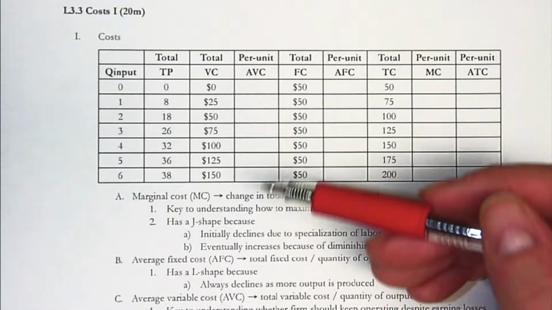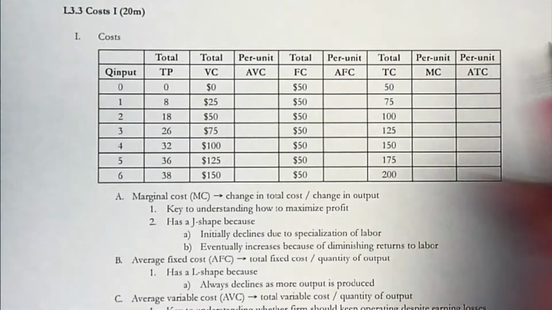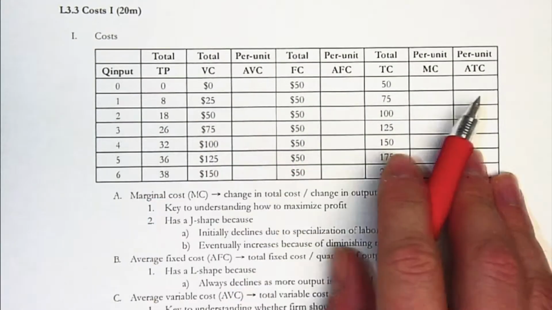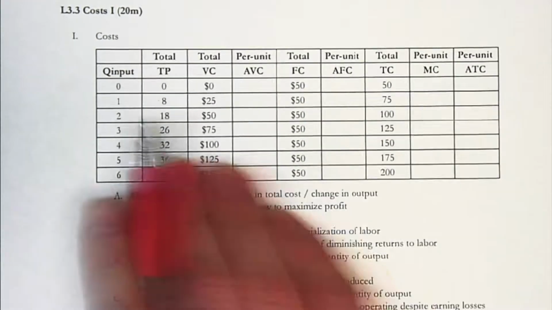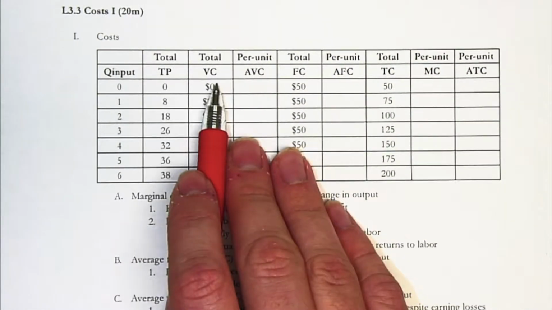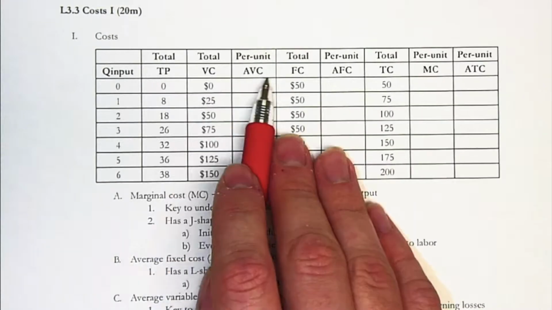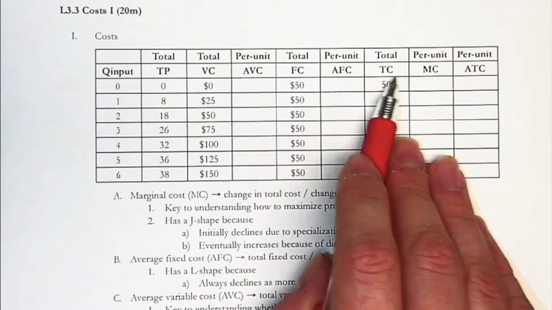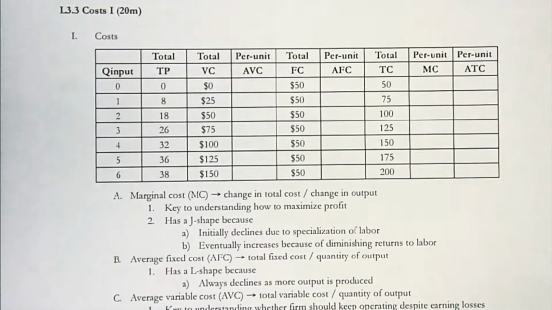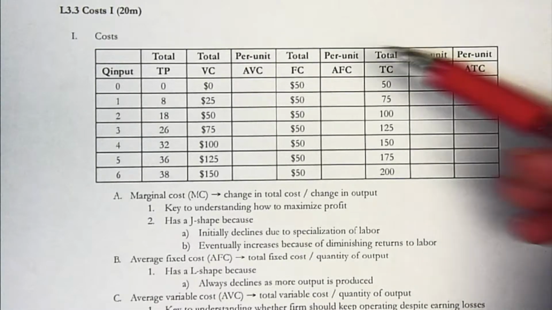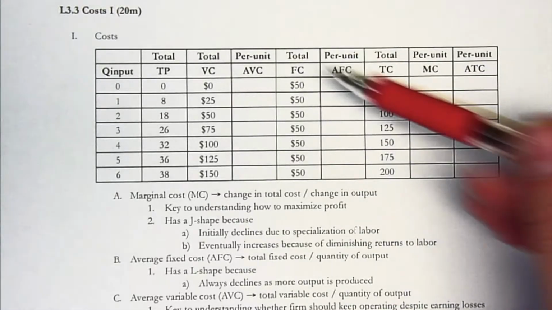We have four that we're really going to concern ourselves with, although you can see up here a table outlining a whole bunch of different costs. All of the different costs have different abbreviations. You can see here VC, AVC, FC, AFC, TC, MC, ATC. And we could probably observe that a few of them seem to align here.